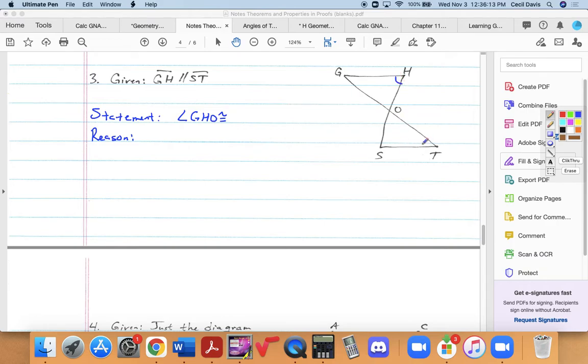OTS. Look again. GHO is here. GHO. OST. There you go. Angle OST. And the reason was corresponding angles postulate. Oh, but these are not corresponding. Help them out, you guys. What is that? Alternate interior angles. So it's the alternate interior angles theorem.